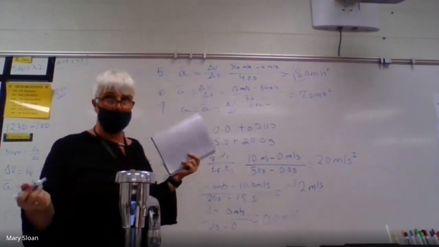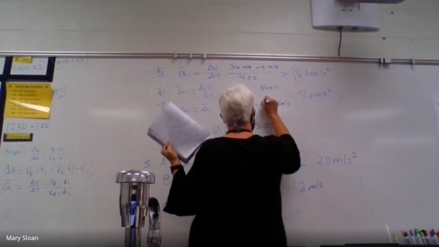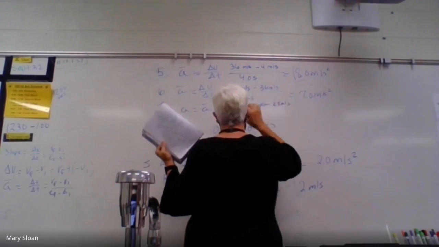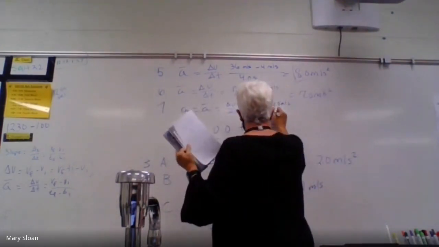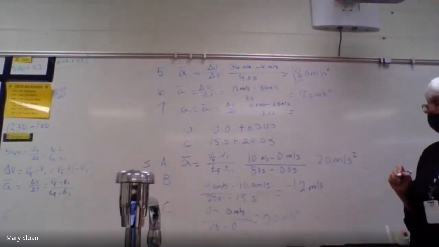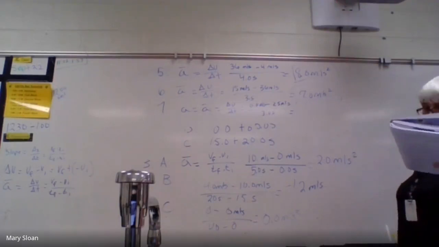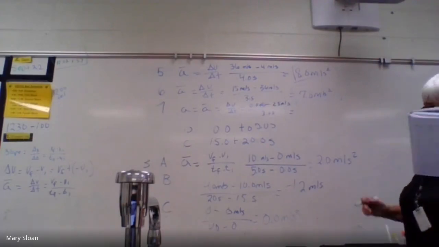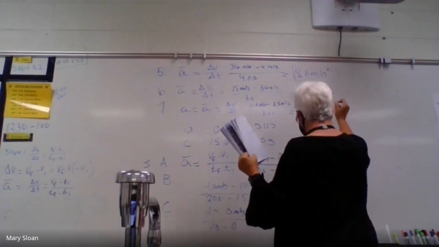How fast was he going? 25. Now, what was my time? 3 seconds. If I do my math, what do I get? Negative 8.3 meters per second squared.